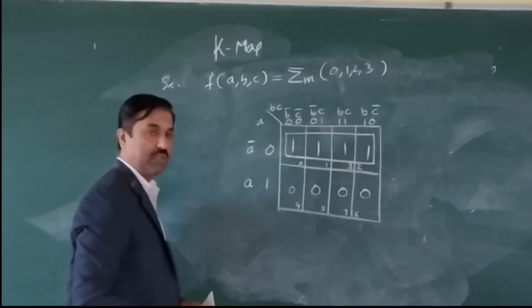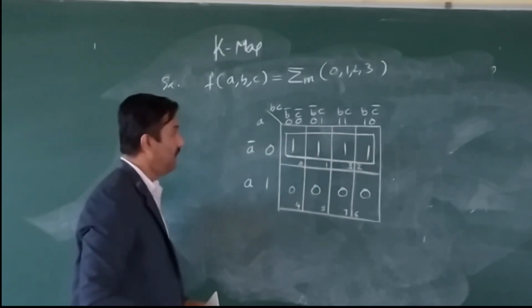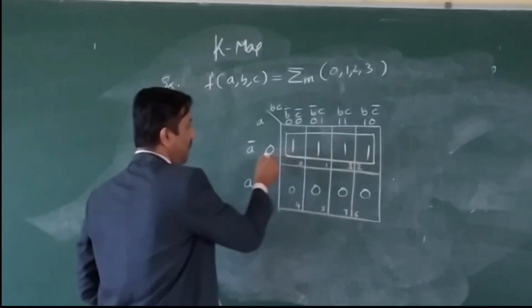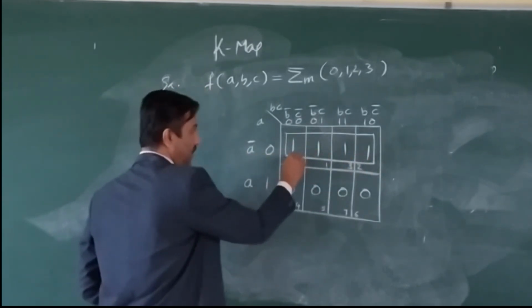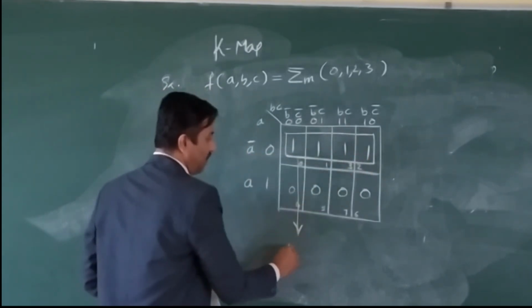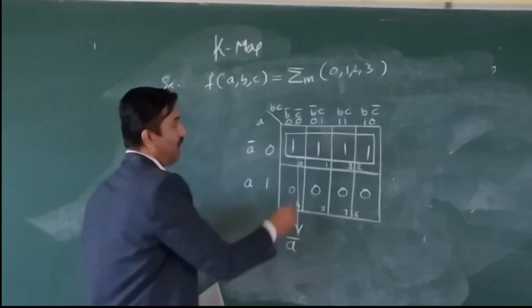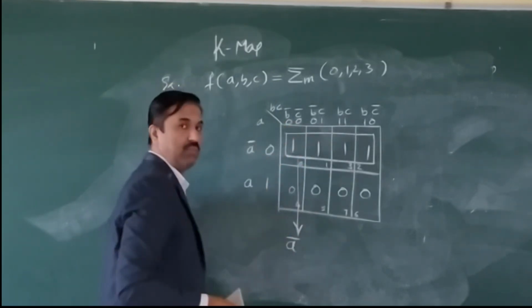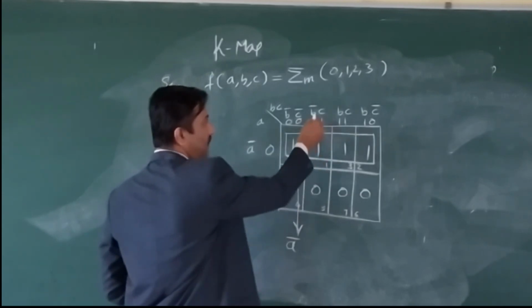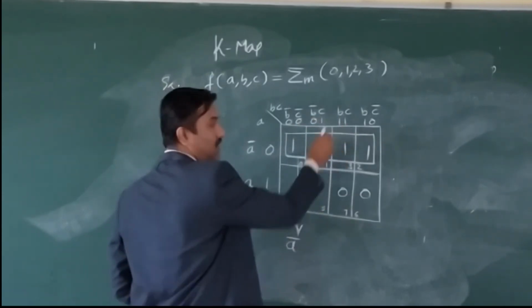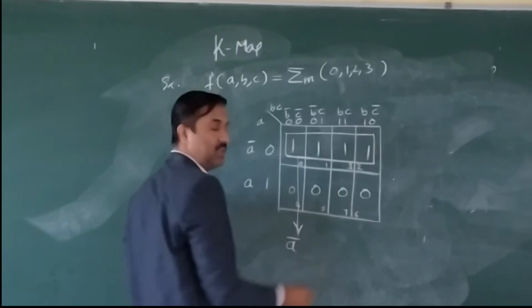When I group all the four ones together, what is the common term coming out? A bar. Now for this one it is B bar C bar, for this one B bar C, for this one B C, and for this one B C bar.